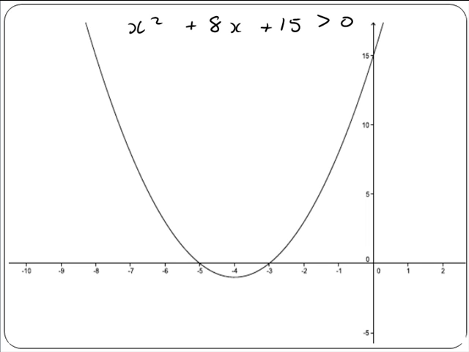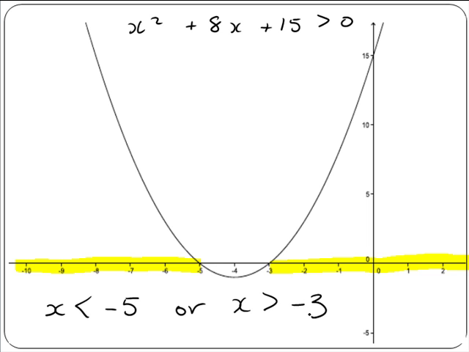So by looking at the graph, we can clearly see that the graph is greater than 0 in this interval and in this interval. This tells us that our solution to the inequality x squared plus 8x plus 15 is greater than 0 is when x is less than minus 5 or when x is greater than minus 3.